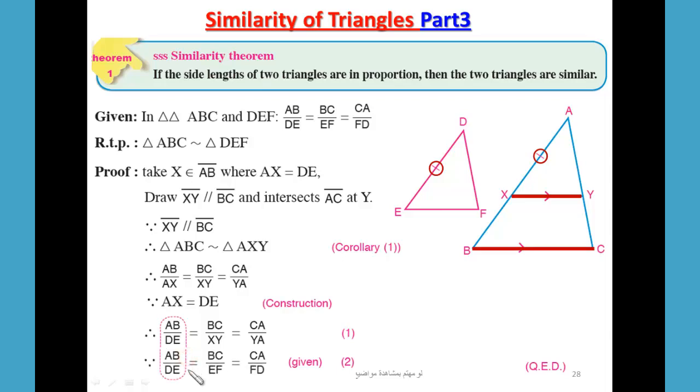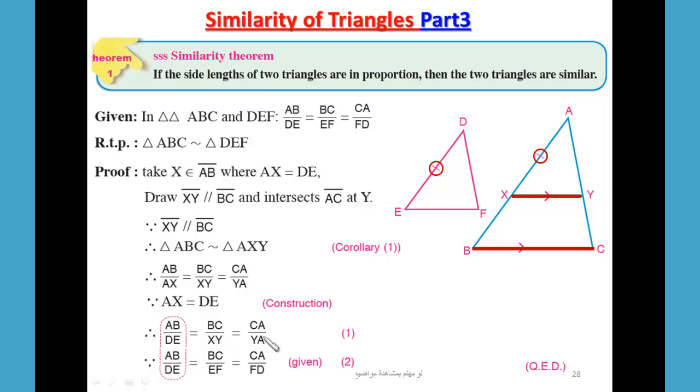But we know from the given that AB over DE equals BC over EF equals CA over FD. The first terms are equal, so you can say that BC over XY equals BC over EF, and CA over YA equals CA over FD.